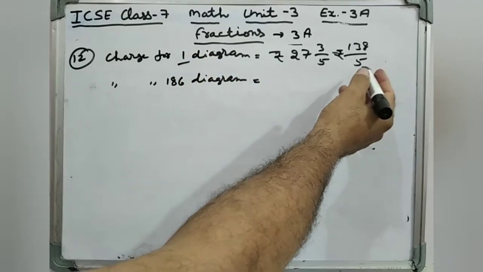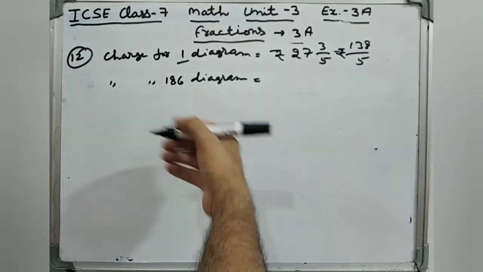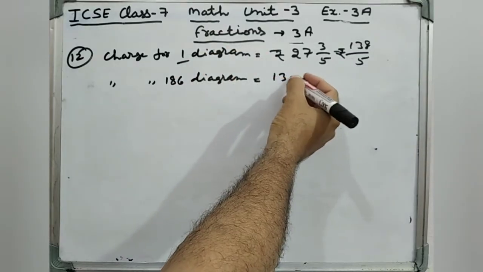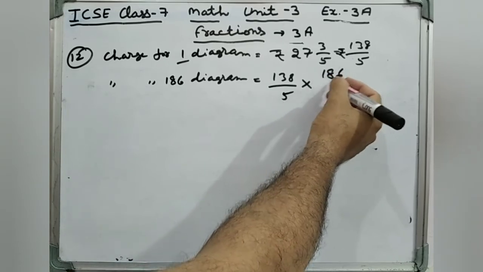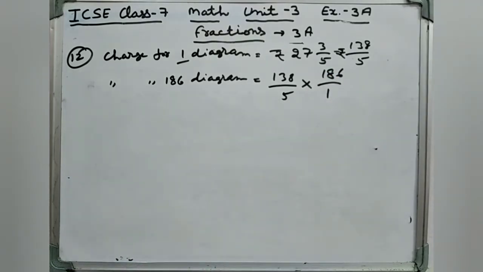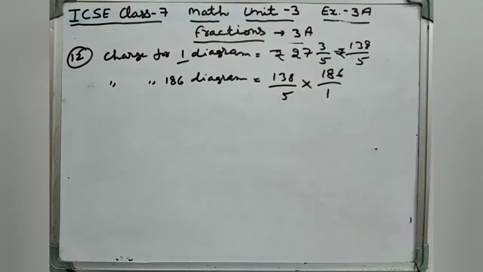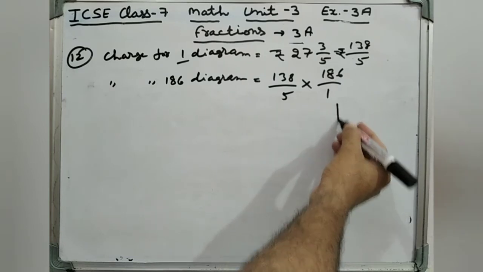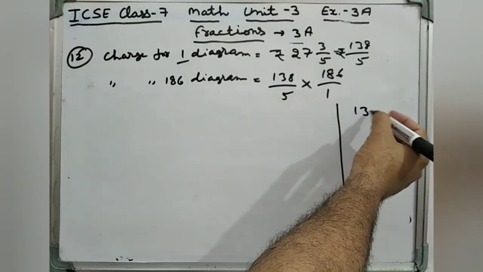Less diagrams, less amount, more diagrams, more amount. For more we have to multiply. 138 upon 5 multiplied by 186 upon 1. Now we can't make it simpler, so we have to perform the multiplication in rough work.